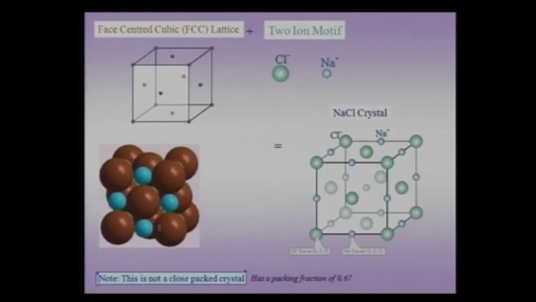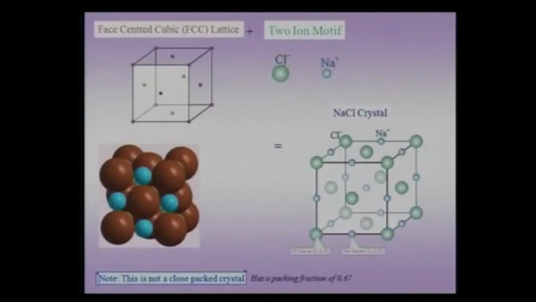So, let us take up another example which reinforces the point I just mentioned. This is, for instance, an FCC lattice which has been decorated with a 2-ion motif, a chlorine ion and a sodium ion. This is nothing but the common salt structure, which is the NaCl structure, and the crystal I obtained is the one shown in the diagram on the right.